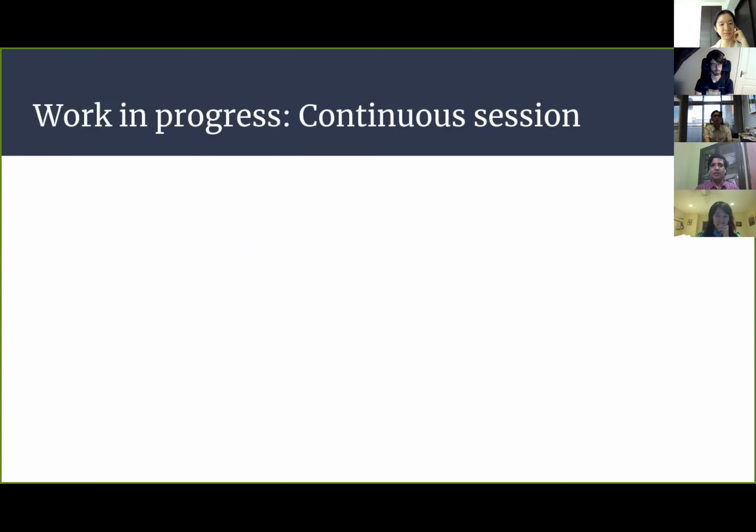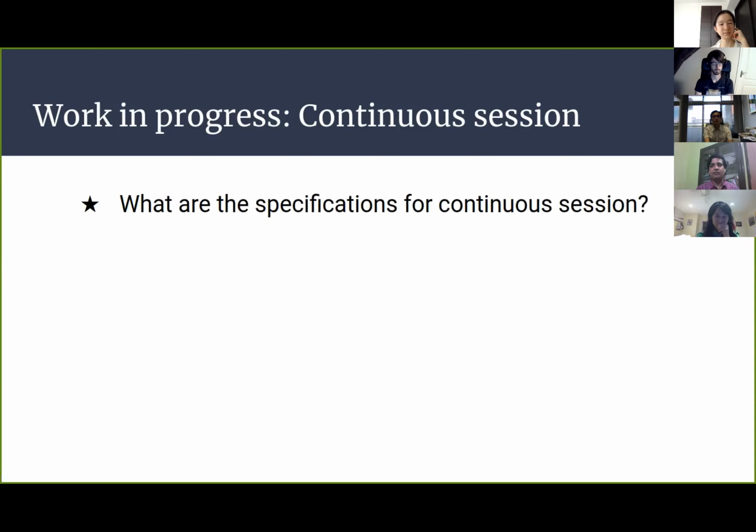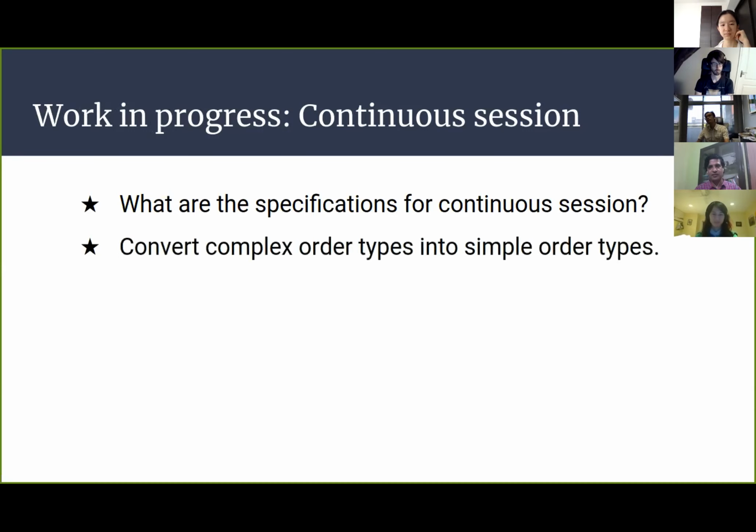We are also working on formalizing the continuous session. The issue with the continuous session is that the theory for the continuous session specifications is not known. For the double-sided auction, some of the theory was known in the auction literature, but for the continuous session, that is not known. So the first thing is we need to discover, or come up with, the natural specifications.